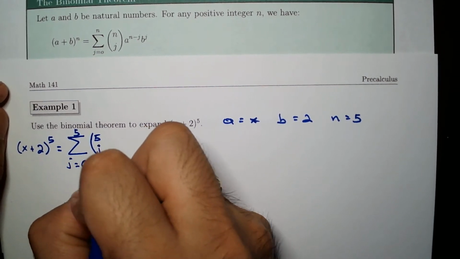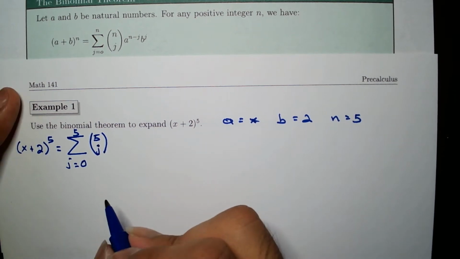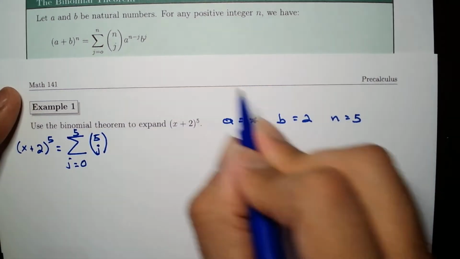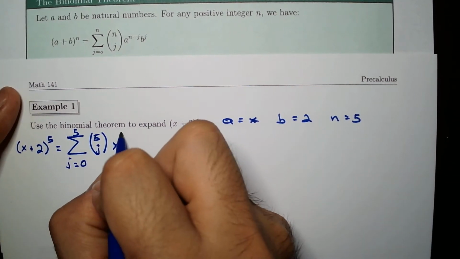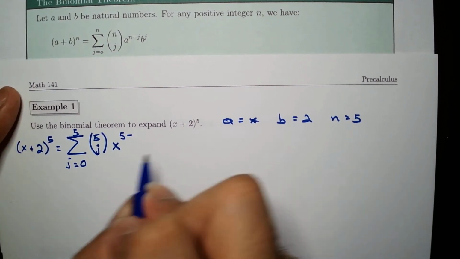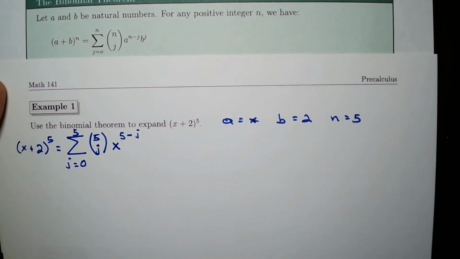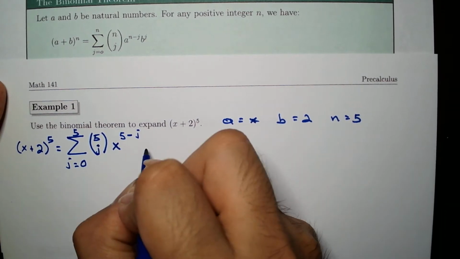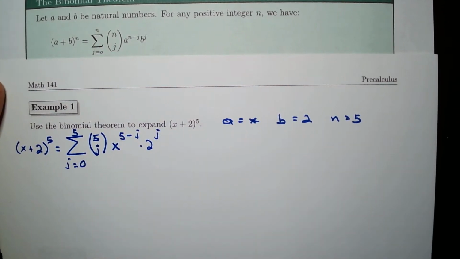I'll show you how we're going to do that part. And then that's a to the n minus j, so a, which is x, to the n minus j, and then b to the j, so in this case times 2 to the j power.